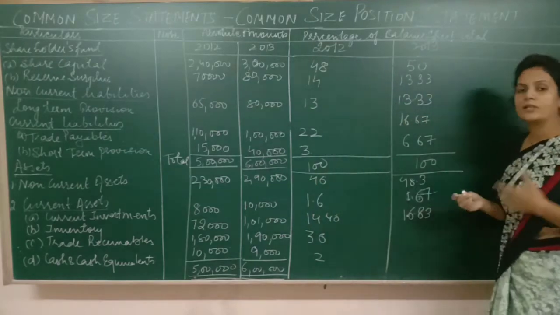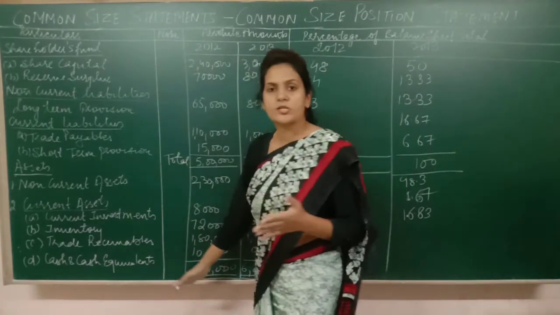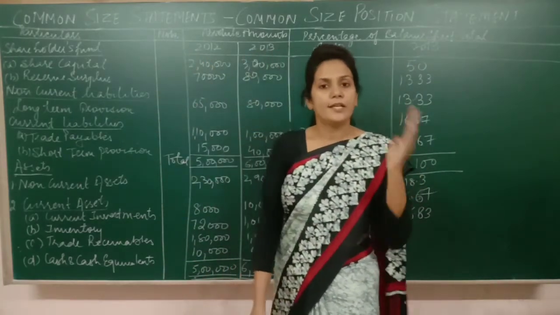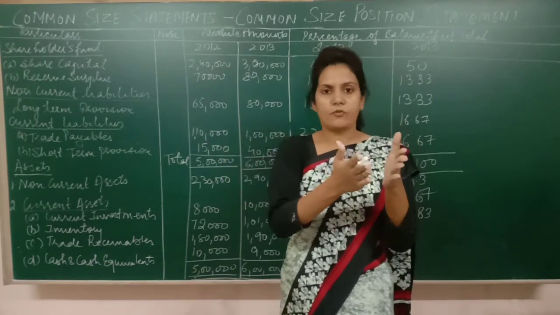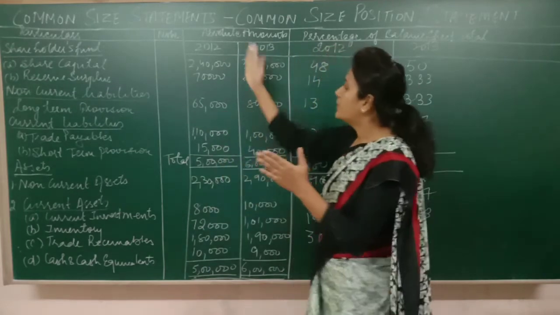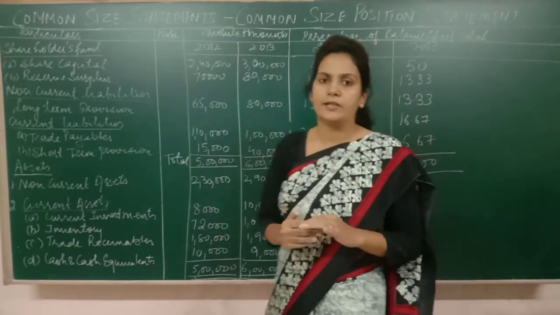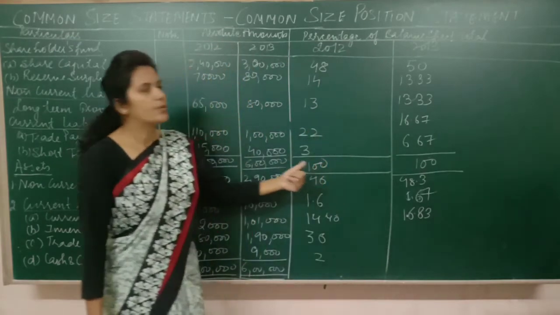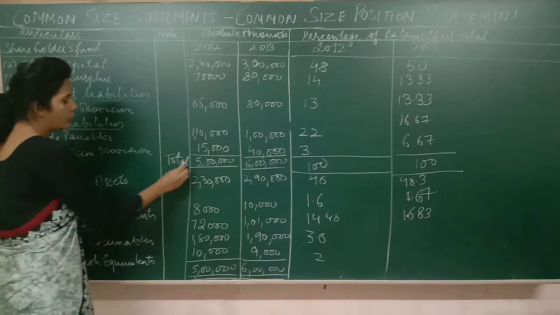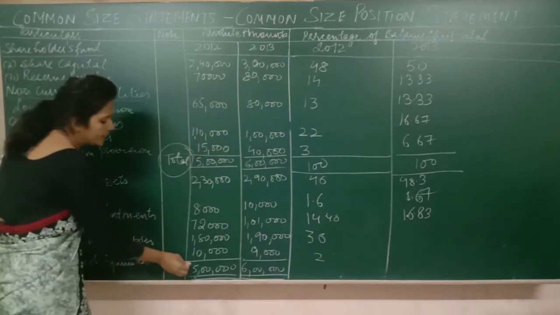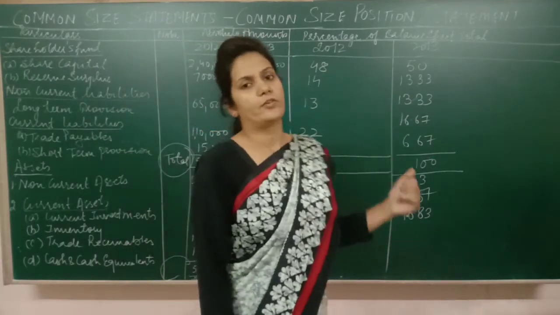As I told you in the beginning also, either this format will be given to you in the question or items will be given to you, then you have to make one balance sheet from those items, keeping the previous year first and then followed by the values of the current year, and then you have to find out the percentages with respect to a common base, and here the common base is always equal to the total of liabilities and the total of the assets. So I hope this point is clear to everyone. Thank you.